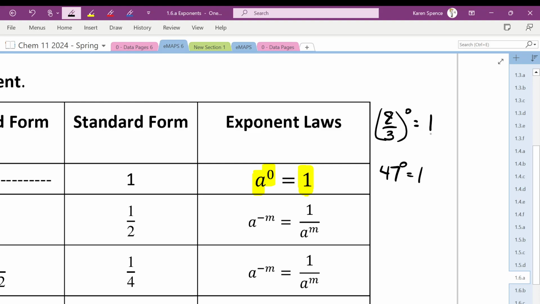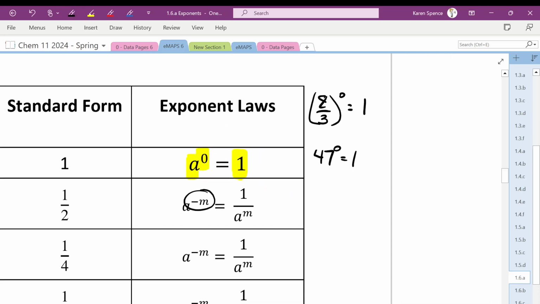Now, if I have a negative exponent, I can turn it into a positive exponent by flipping it upside down. Okay? So anytime I have a negative exponent, I flip it and I make the exponent positive.